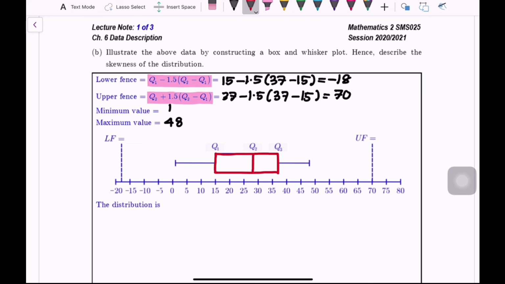Next, the minimum value is 1 and the maximum value is 48. We draw from the box to the minimum value and to the maximum value. The lower fence is negative 18 and the upper fence is 70.